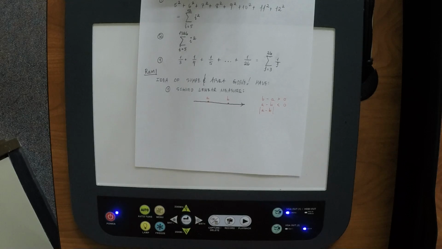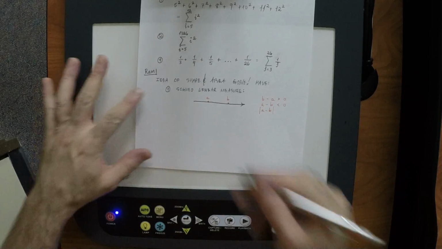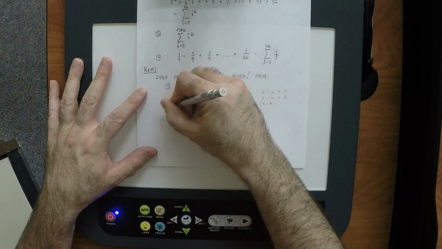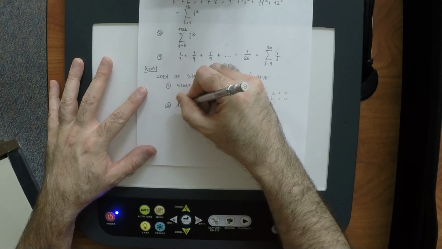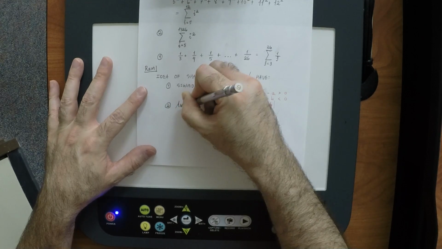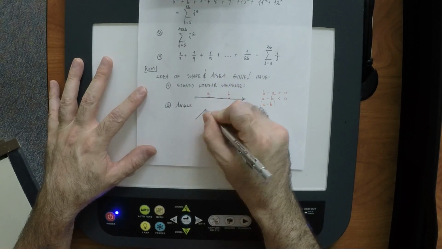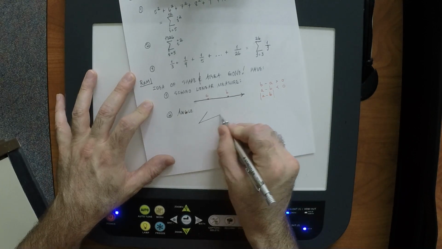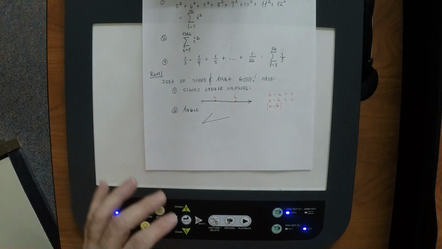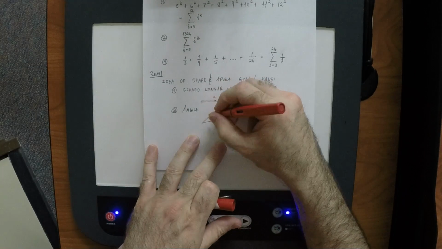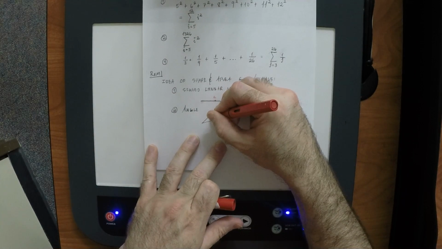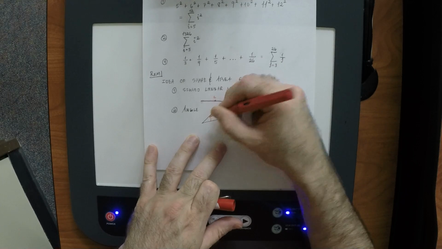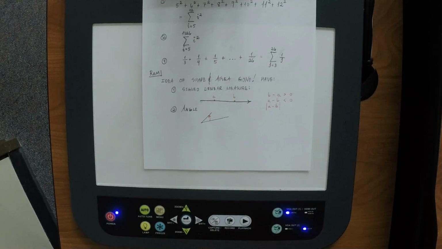Okay. So we have signed linear measure, and we also have angle. Angle, which is to say that we can take two line segments that meet at a vertex, and we can measure this angle. And in particular, we know what a right angle is.